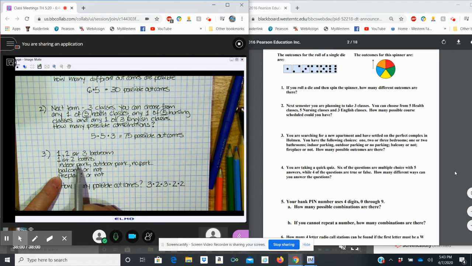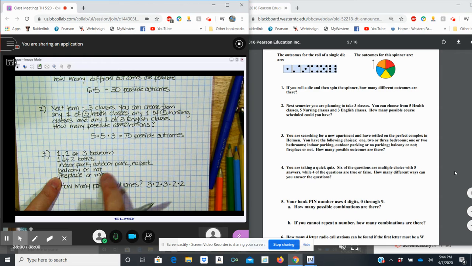The same thing in some complexes with parking. If they've got underground parking, it's one price. If they've just got a parking pad outside your apartment, it's a lower price. And if you don't need parking, they might take even more off. So this isn't about the pricing.